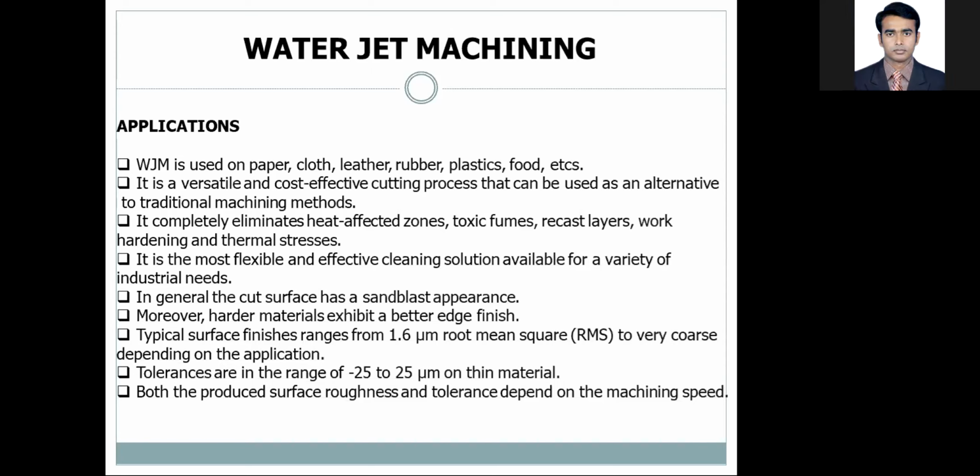If you want to compare it with gas cutting, in the case of gas cutting you will get much more affected zones, like the production of oxides, which is a kind of corrosion. But in water jet machining, you will not get that. Once the cutting is done, you can clean it and dry it.